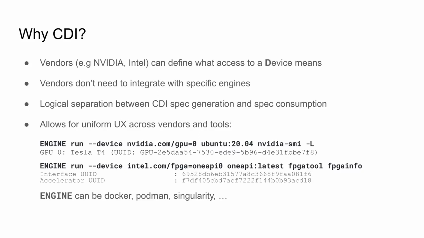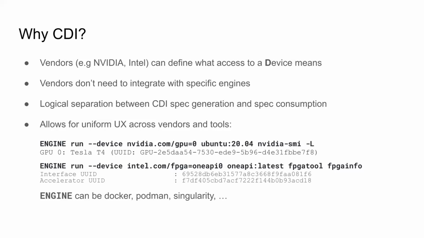I'll show a quick block diagram later, but what this also gives us is a logical separation between CDI spec generation and spec consumption, right? With our existing hook-based mechanism, the decisions about what to inject are made at runtime when the container is actually being created.